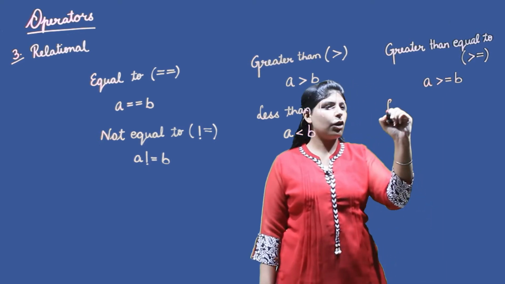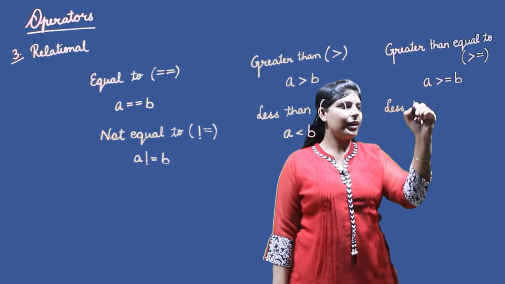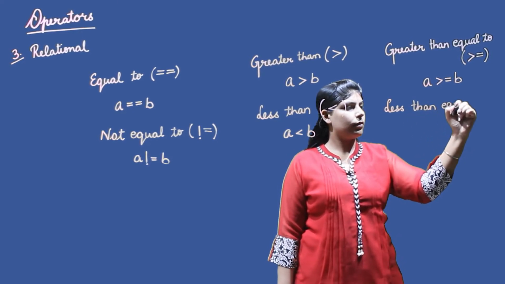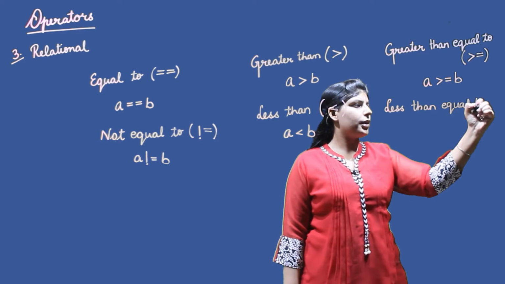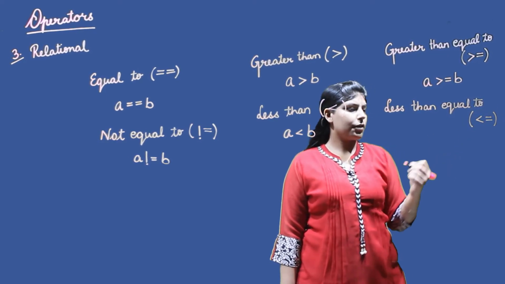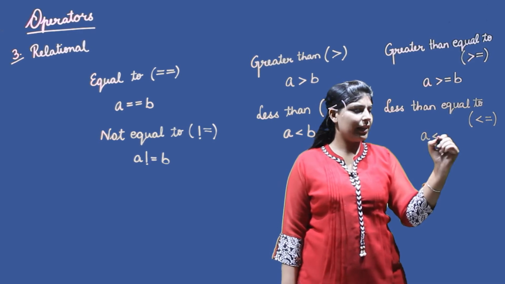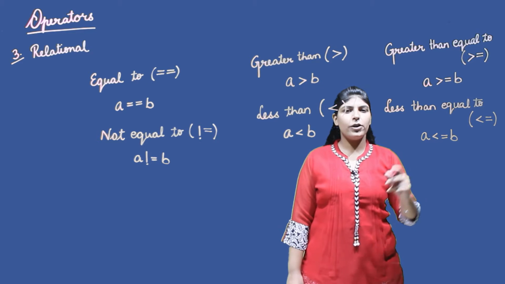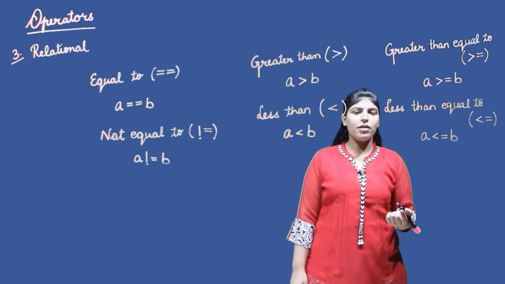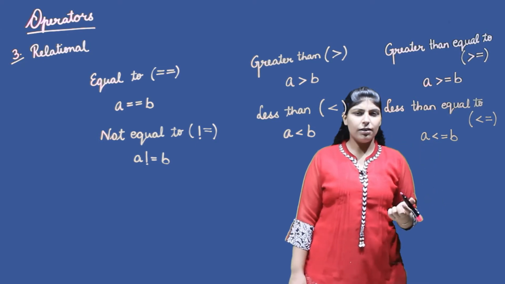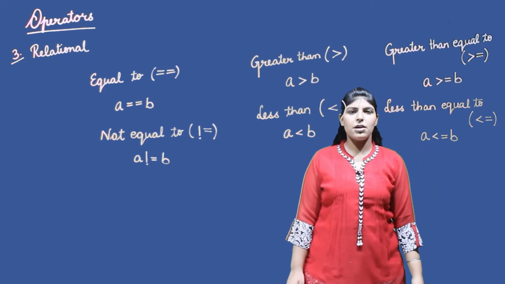The last relational operator we have is less than equal to. It is denoted by a less than sign and then equal to. So if I write a less than equal to b, this expression is true if value of a is less than b or value of a is equal to b. In case the value of a is greater, then this expression returns false.